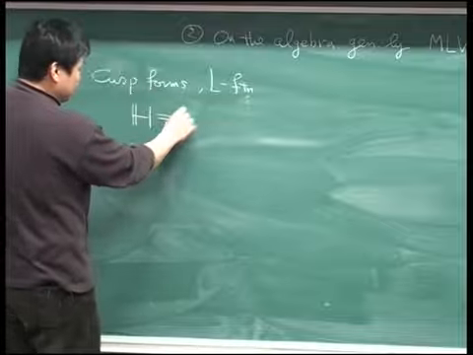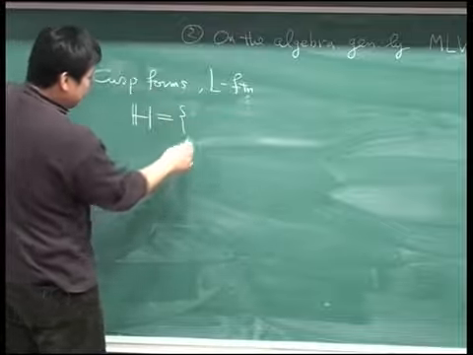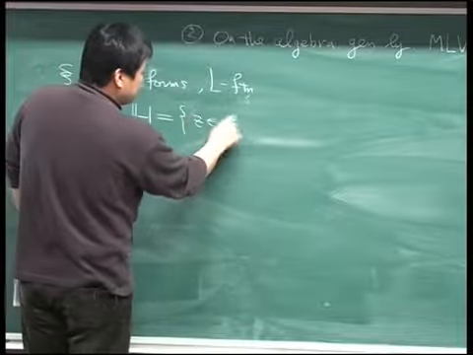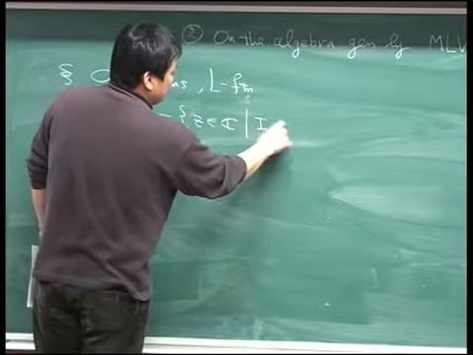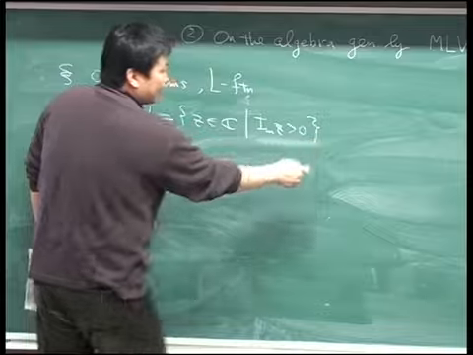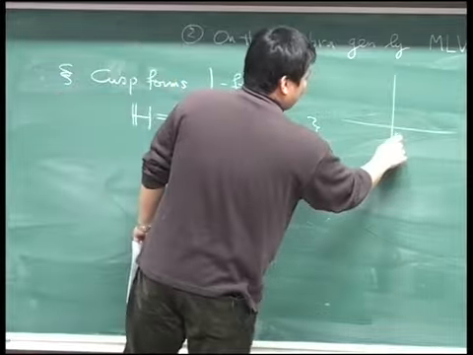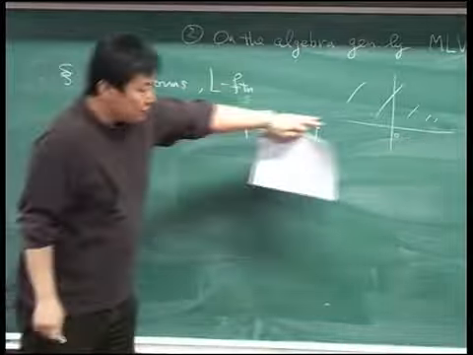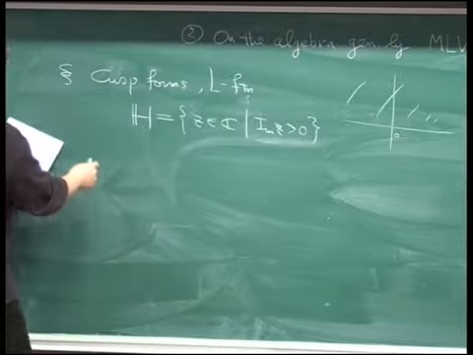Usually we denote it H, the upper half plane, a set of complex numbers whose imaginary part is positive. This way, a cusp form is a function on this region.